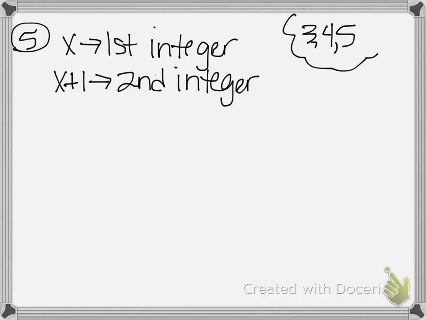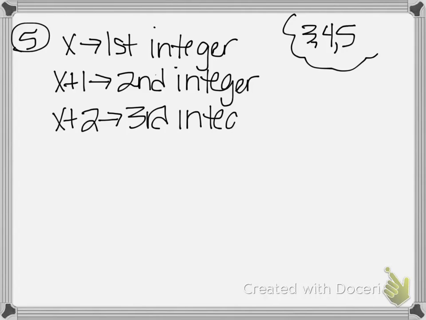Now, remember, I have to find 3 numbers. So x plus 2 is going to get me the third integer. In other words, I add 1, and then I have to add 1 again to get to that third number. So this is kind of setting up algebraically what I'm going to do.